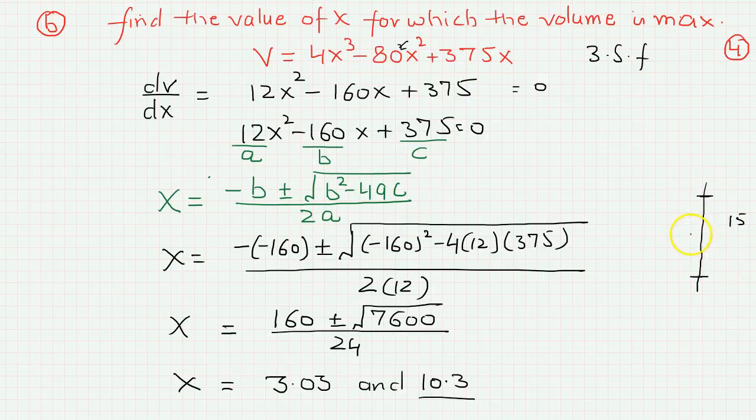If this x is 10.3 and this side is 10.3, the total will be 20.6 and we only have 15, so it is supposed to be less than that. So this is not the answer. So the value of x is 3.03 for this volume.